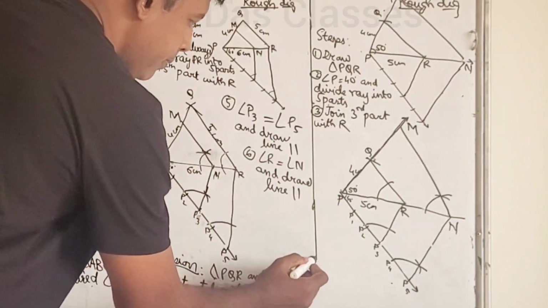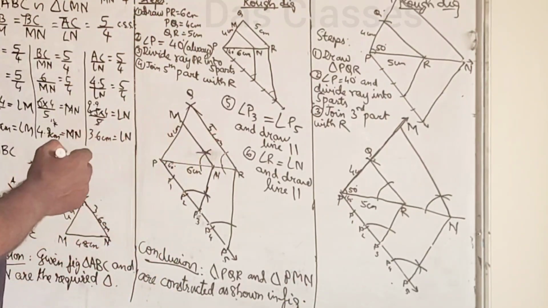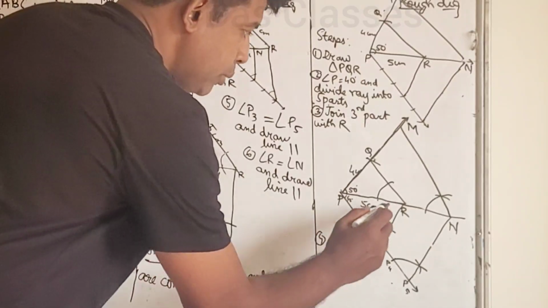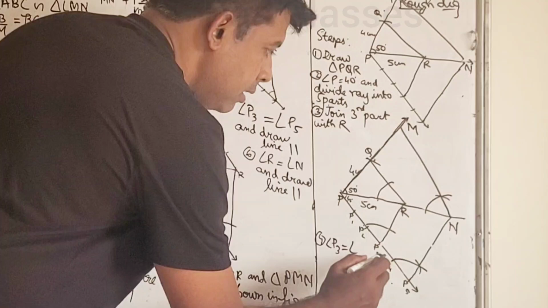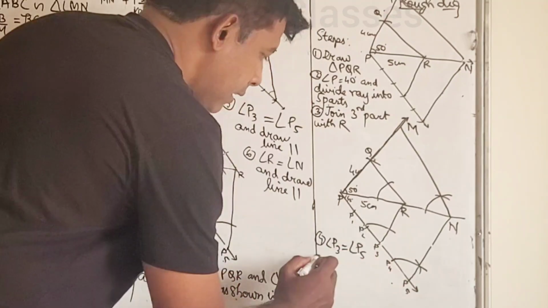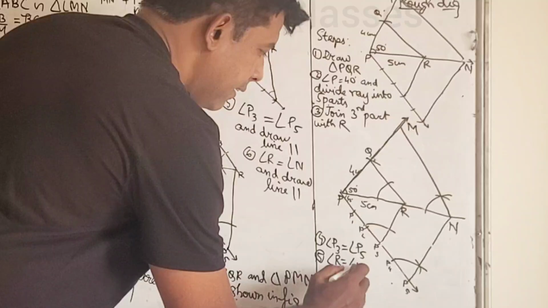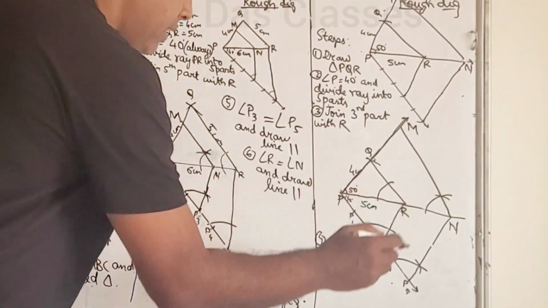And this is how you have to draw the construction. What we did was, first we drew angle P3 equal to angle P5, and then we drew angle R equal to angle N. And when we join them, we get the required triangle.